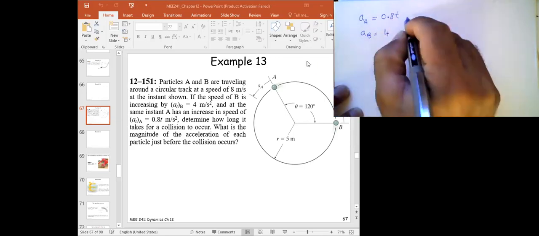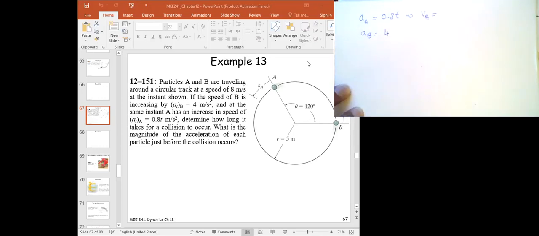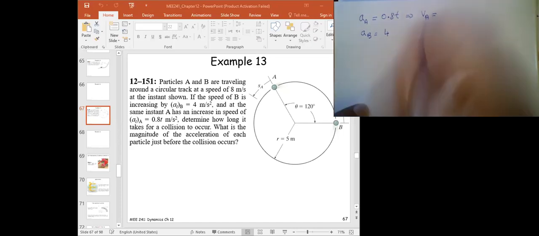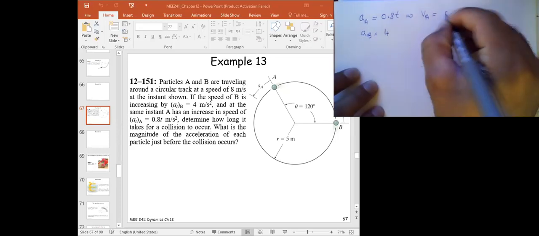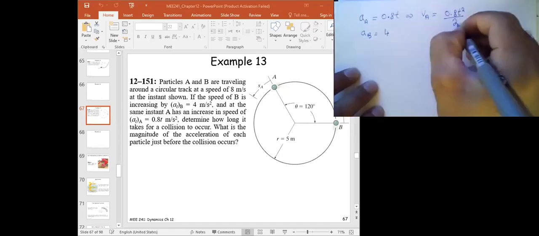So we have the acceleration of A. I can find the velocity of A. What is the velocity of A? 0.4 t squared. Okay, so it's going to be 0.8 t squared over 2, right?